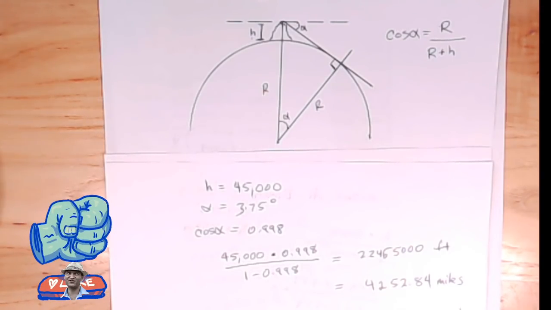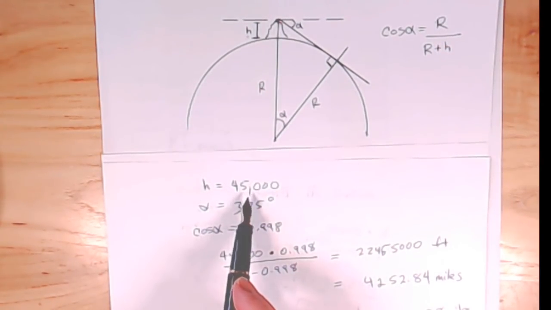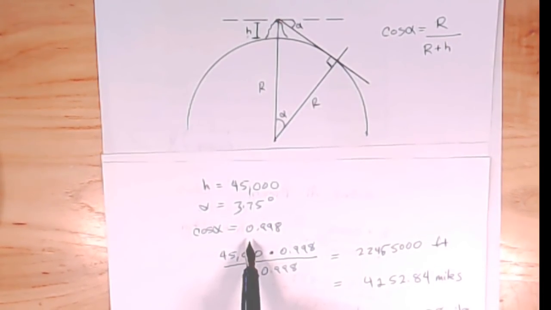So let's use a real-life example from Wolfie's 60/20. He was flying along at 45,000 feet and noted a dip angle to the horizon of 3.75 degrees. The cosine of 3.75 degrees is 0.998.